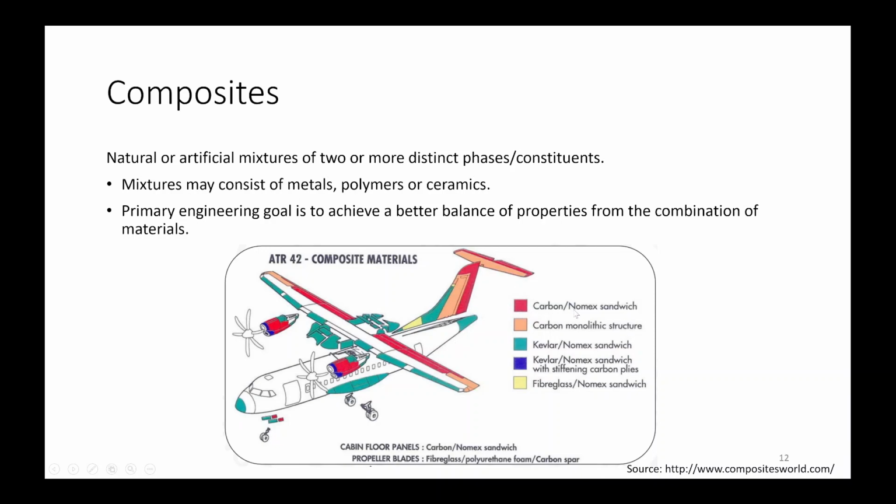So red one is carbon or carbon and Nomex sandwich, and this carbon monolithic structure, orange is Kevlar Nomex sandwich, Kevlar Nomex sandwich with stiffening carbon plies, fiberglass Nomex sandwich. These all composites are used in making various parts of the aeroplane.